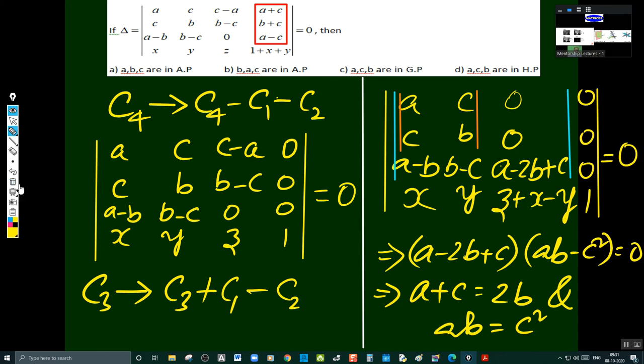Okay. Sir, Srivardhan, can you do this sum by putting X, Y, Z equal to 0?